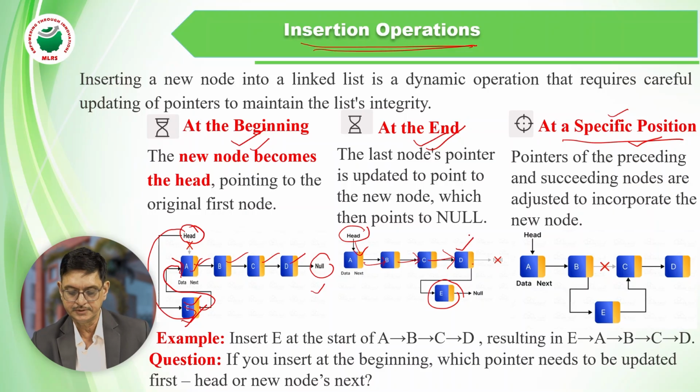So simply what we need to do is copy the address of E into D's next link. Previously D contained a null value to indicate the last node. That null is replaced with the new last node E's address. Now, once this link is established, D becomes last but one, and E becomes the last node.